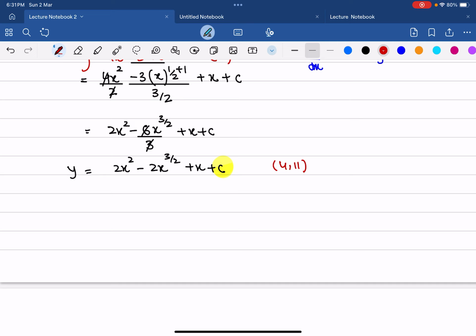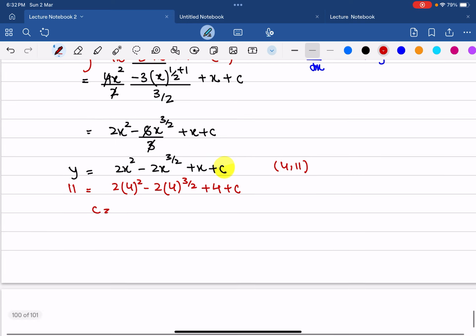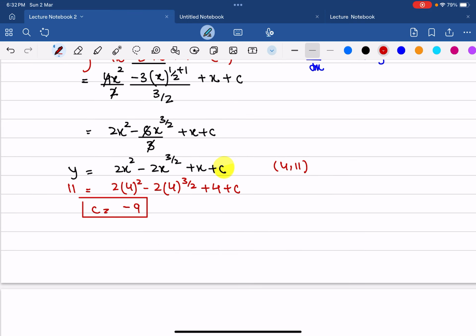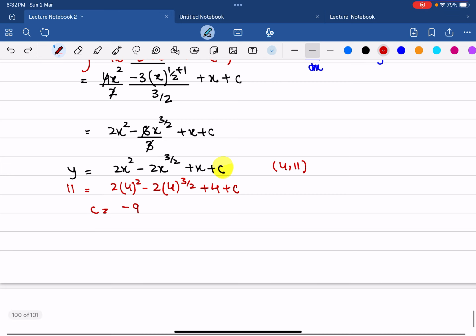I'm going to replace y with 11 and every variable x with 4: 4 power 3/2 plus 4 plus c. By the help of a calculator, my c turns out to be minus 9. So this was the value of the constant that was required in the question.